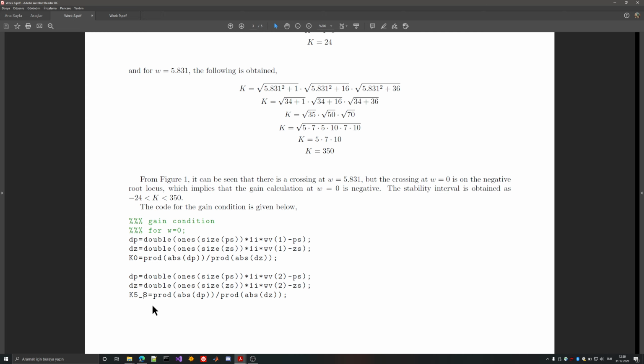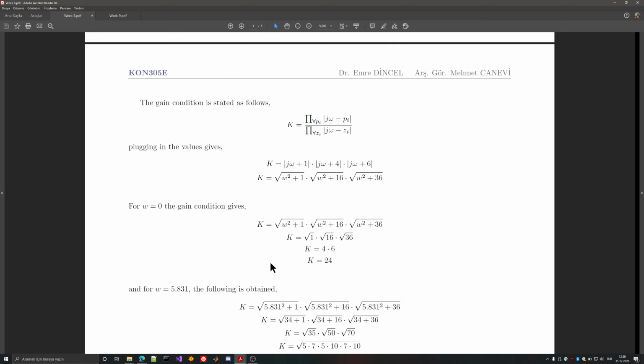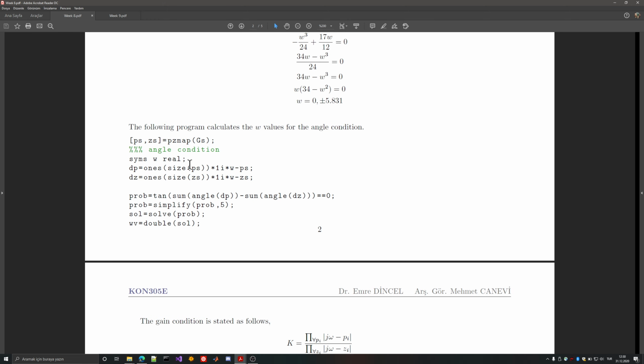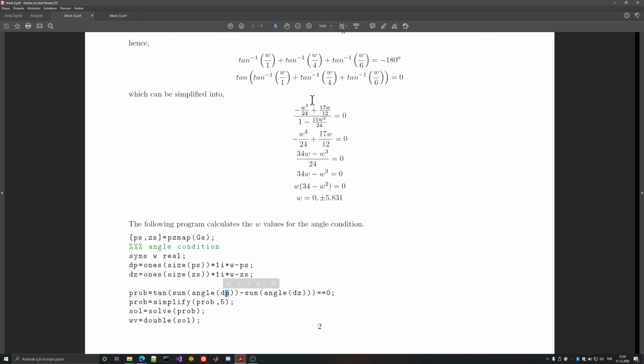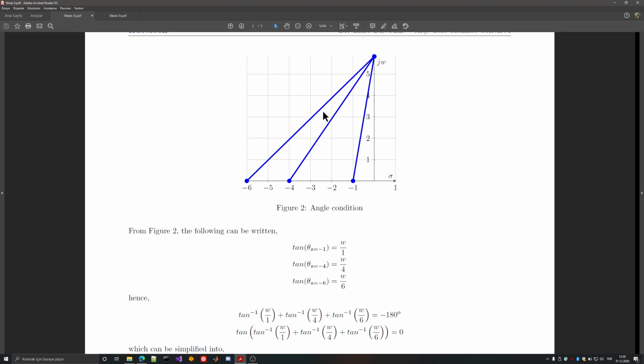And for 5.8, I repeat the same with this second omega. As far as I remember, I am solving here. I'm defining my same distance, but this time I have a symbolic variable omega. So if I take the tangent of the sum of the angle of poles, I'm basically implementing the same thing here that I've shown you.